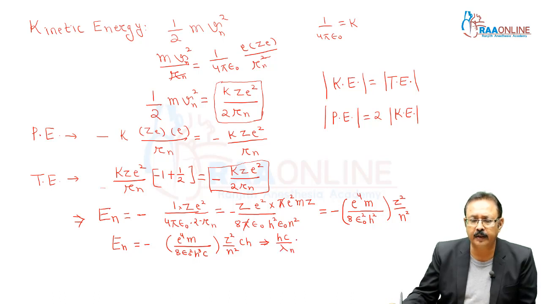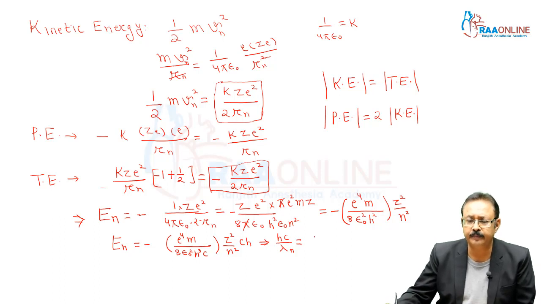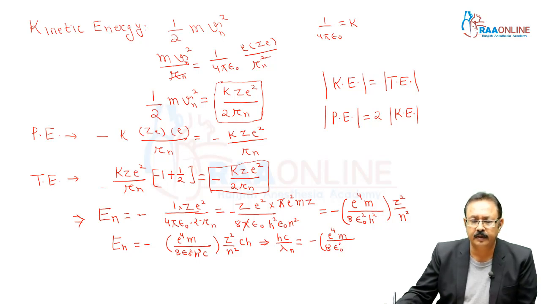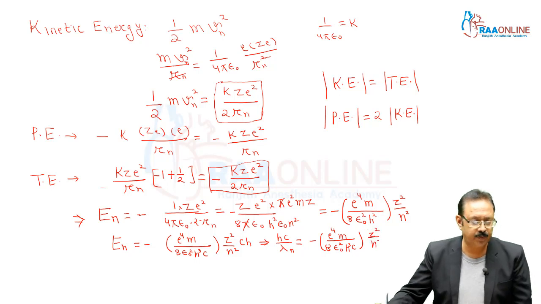We are talking about the nth orbit, so we write lambda n, minus e4 m divided by 8 epsilon naught square h cube c, z square by n square.